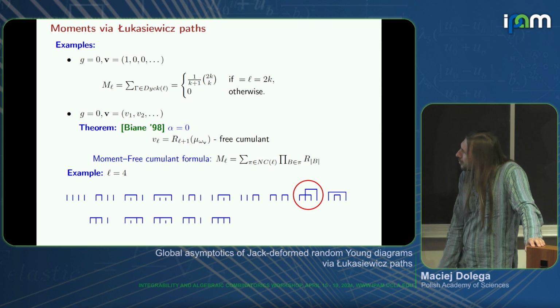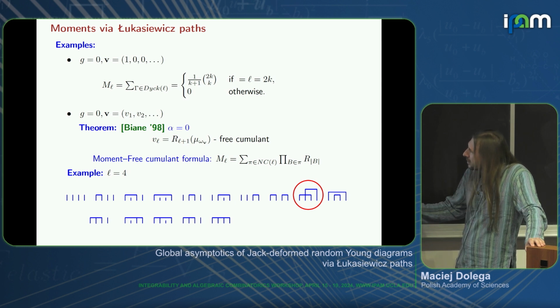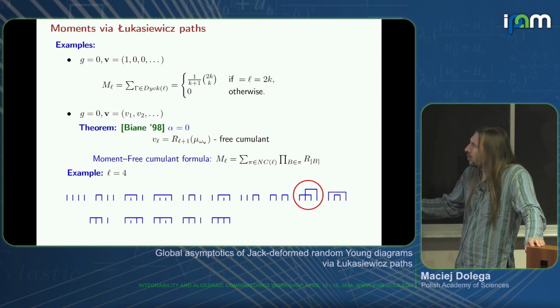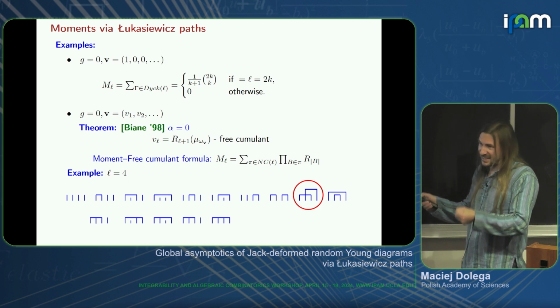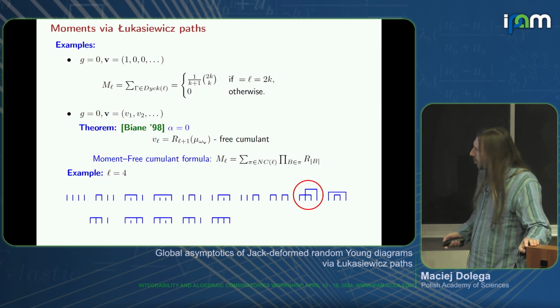So what is this free cumulant formula telling you? It's telling you that you have to sum over all non-crossing partitions of size L, and then for each block, you take a free cumulant indexed by the size of this block. Okay?